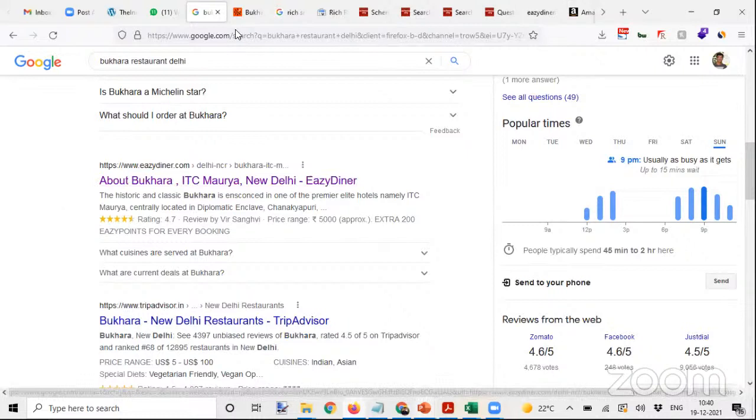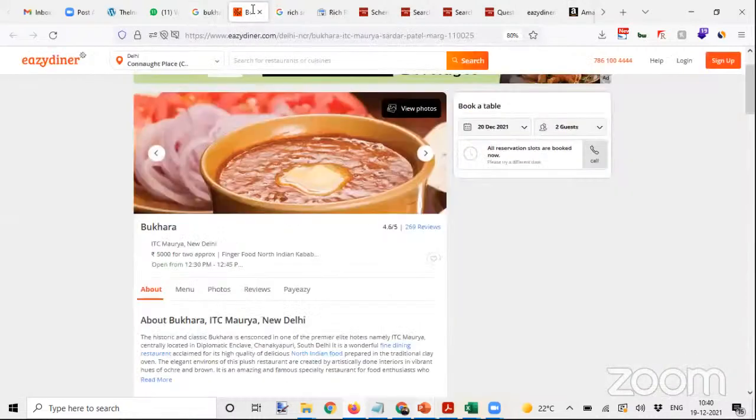So for this page, Google thought, hey, listen, they are talking about something else, extra 200 easy points every booking. Whether it makes sense or not, let me stick to the standard title to be shown to a user on the SERP. So it started picking the heading tag if it makes more sense to showcase that to a user.